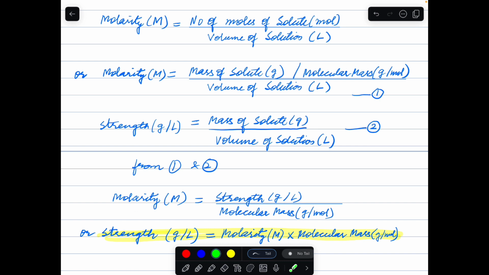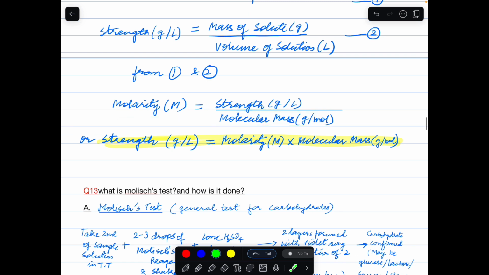So how have we got there? Have a look here. In the formula for molarity, mass of solute divided by volume of solution is nothing but strength, divided by molecular mass of the substance. So strength divided by molecular mass will give you the molarity. We will rearrange this equation. So we get strength of the given solution in grams per liter equal to molarity of that solution multiplied by the molecular mass of that substance.